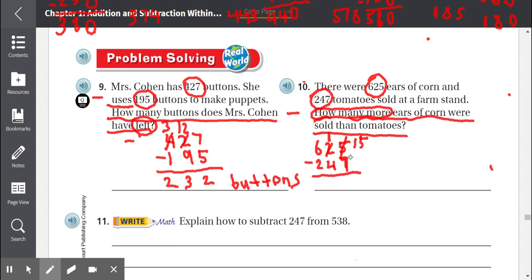So now it's 15 minus 7. 15 minus 7 is 8. And the tens place is no longer 2 minus 4, it is 1 minus 4. And we can't do 1 minus 4, so we have to borrow from this 6. We take 1 away from the 6, it becomes a 5. And this 1 becomes an 11. Now 11 minus 4 equals 7. Now the hundreds place is no longer 6 minus 2, it is 5 minus 2. 5 minus 2 equals 3.